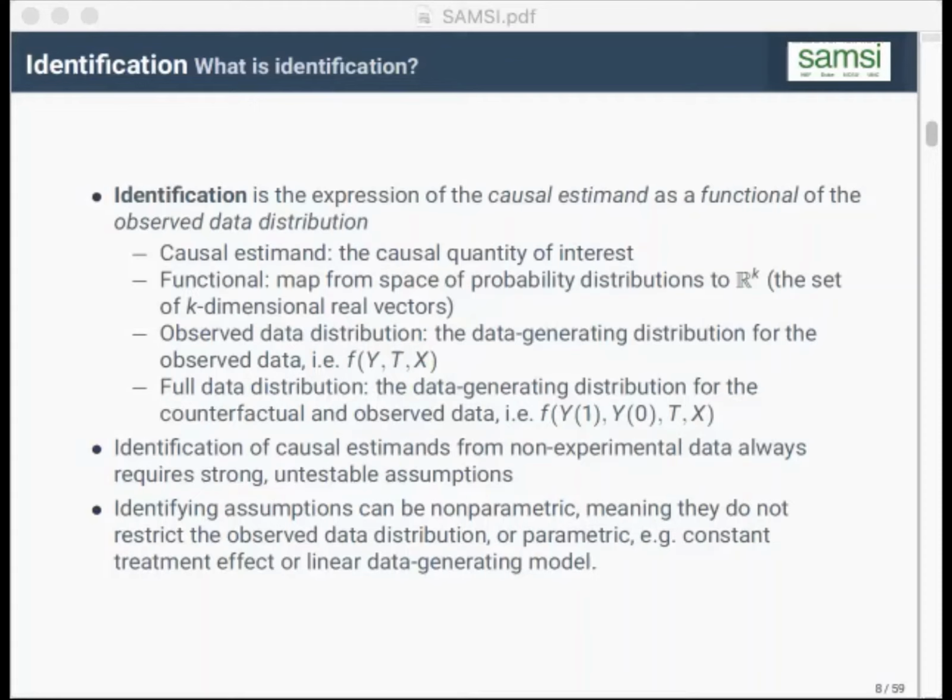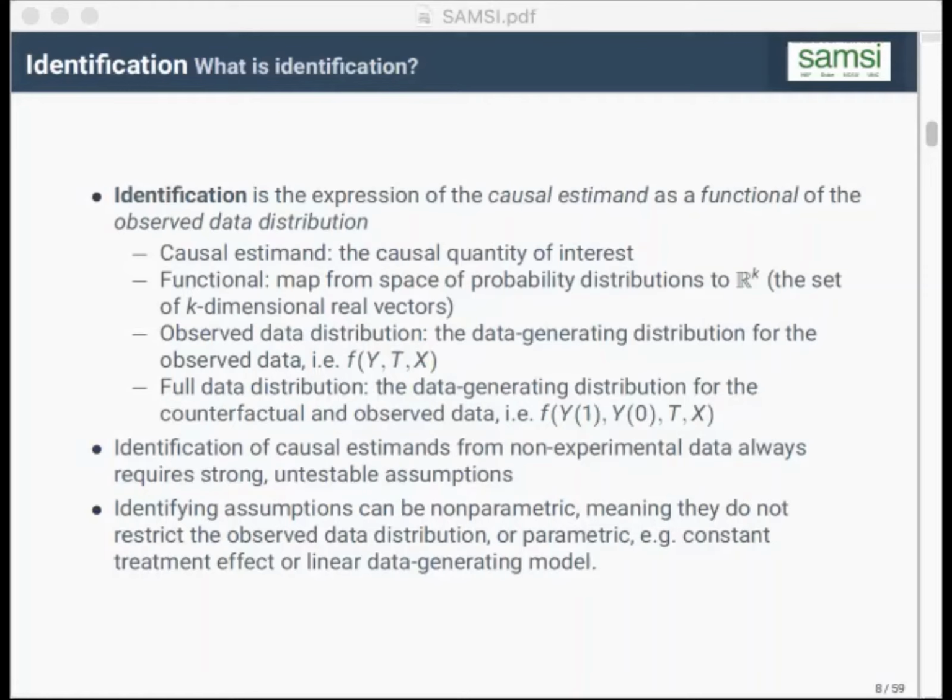If we have non-experimental data, identification always involves strong, untestable assumptions. These assumptions can be made less strong, and identification can be less controversial, for example, if the assumptions are less parametric or non-parametric, or if the assumptions are really easy to justify based on subject matter, context-specific knowledge.